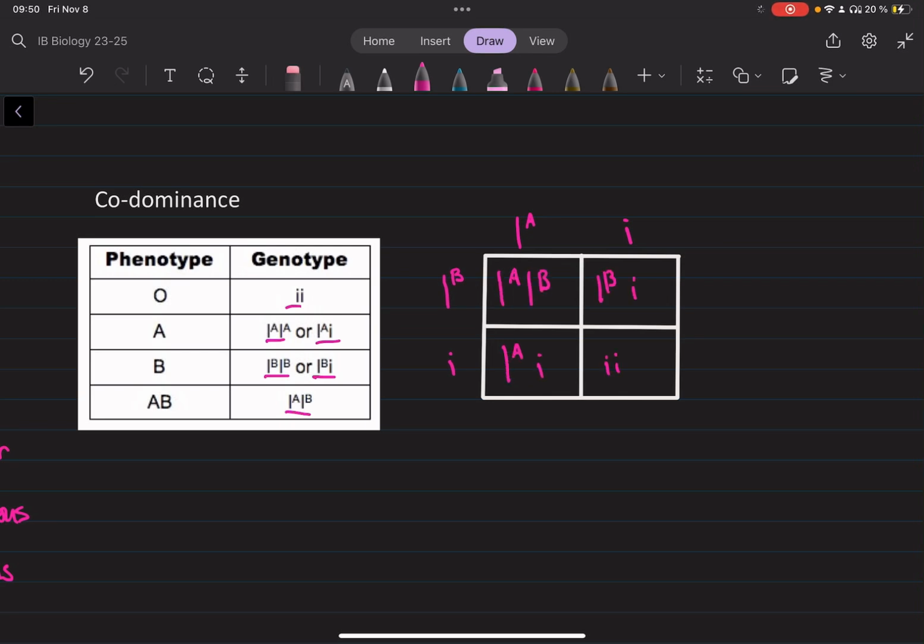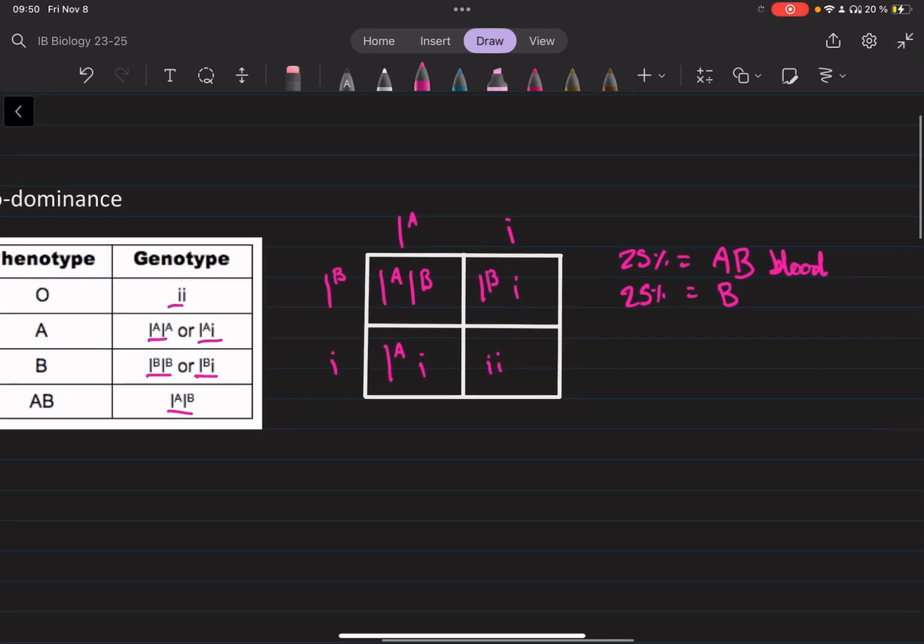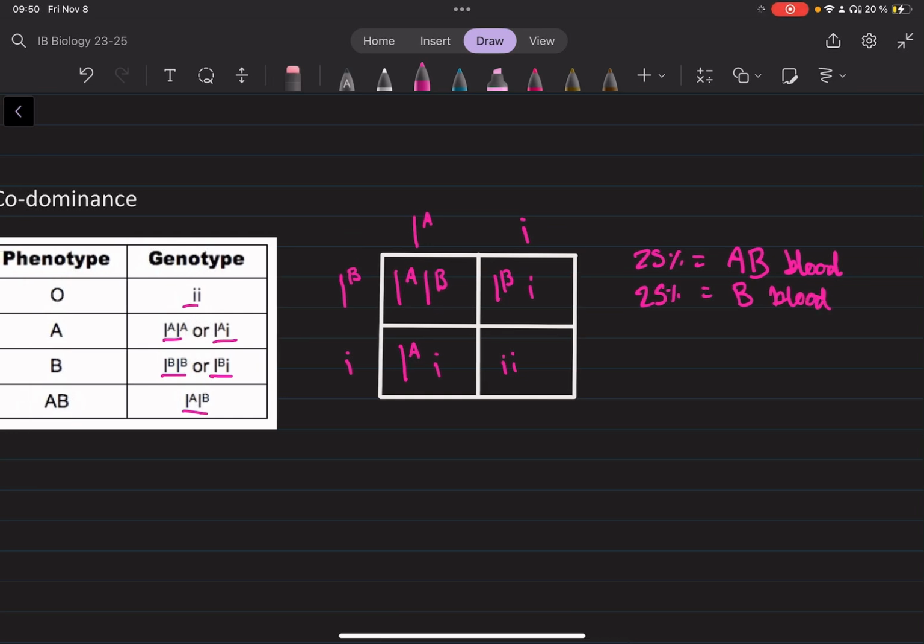So yeah, now we can see they have a 25% chance of having AB blood type. They have a 25% chance of having B blood type because B is dominant and O is recessive. Please remember that O is recessive and does not do any codominance with A or B. Then we've got a 25% chance of A blood and 25% chance of O blood.